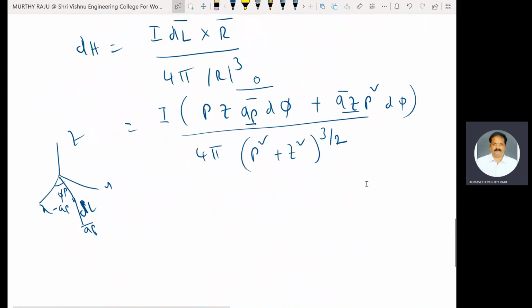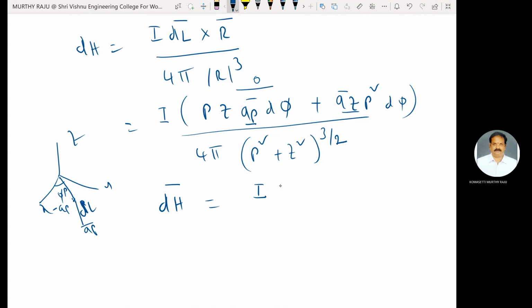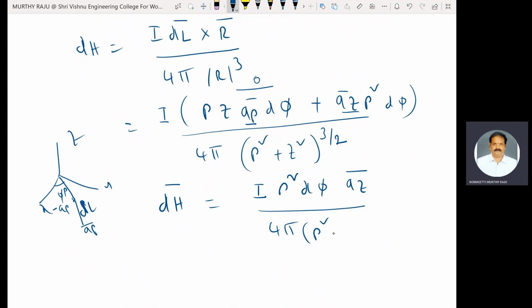Then finally, dH bar is equal to I rho square d phi a z bar by 4 pi into rho square plus z square to the power 3 by 2.